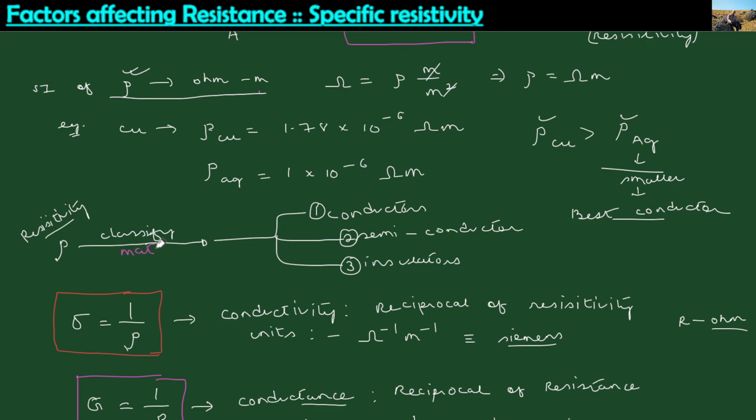All materials in nature are classified on the basis of this resistivity: conductors, semiconductors, and insulators. When the resistivity of the material is small, it means that it is the best conductor. When the resistivity of the material is large, that means it is a bad conductor or an insulator.